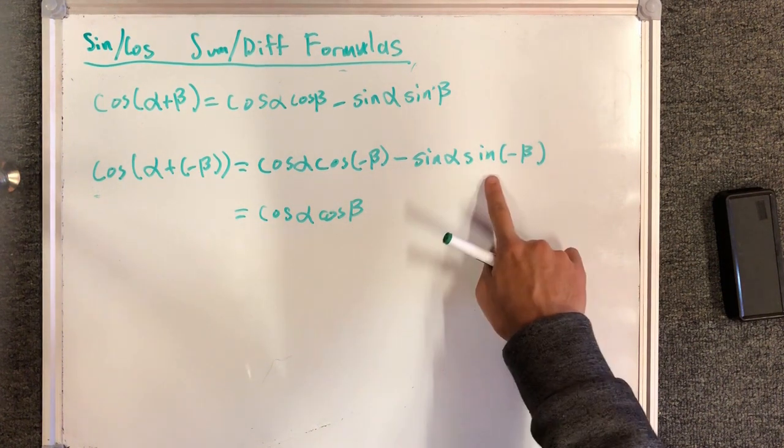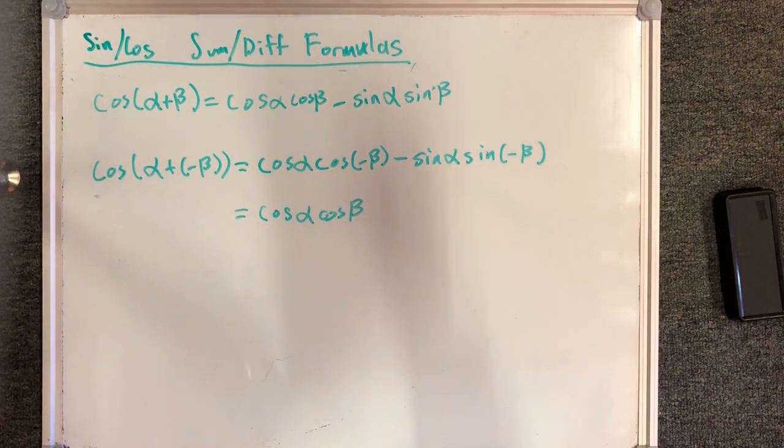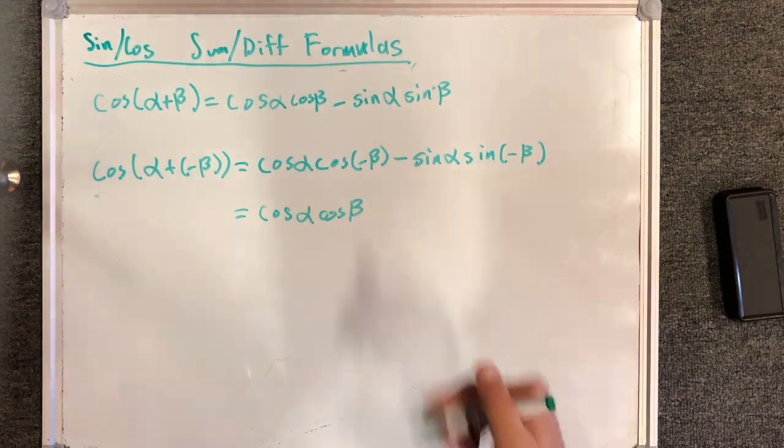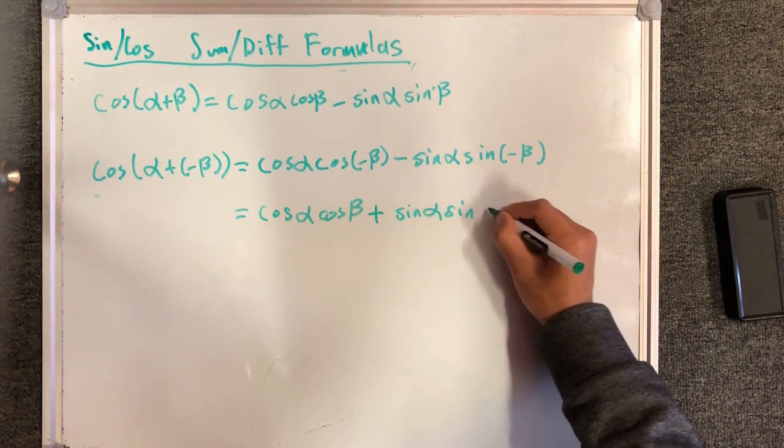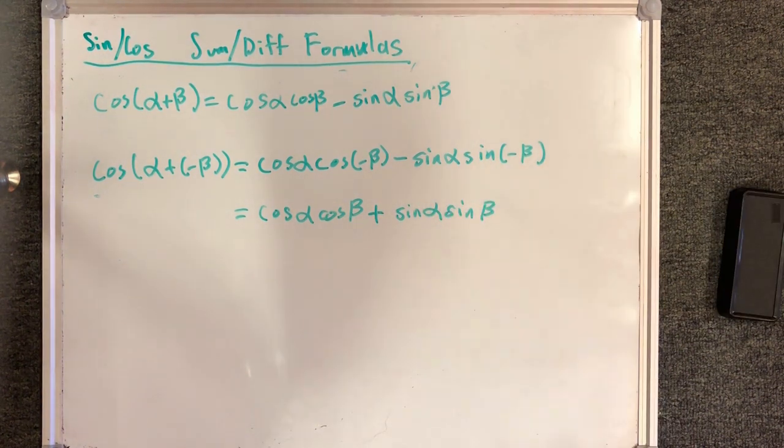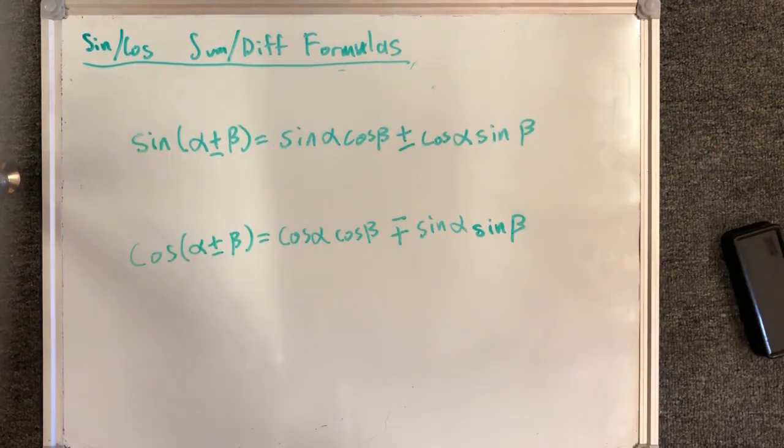Minus sine of alpha, sine of negative beta will be negative sine of beta. That's an odd function. And so negative times a negative will be a positive. Sine alpha, sine beta. And here we have the formula for the difference of angles for cosine.